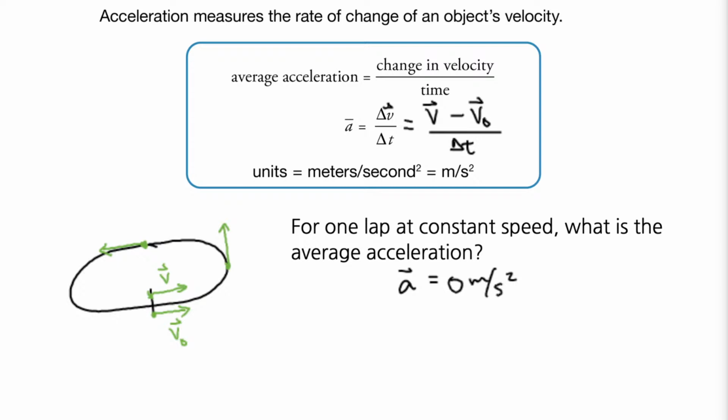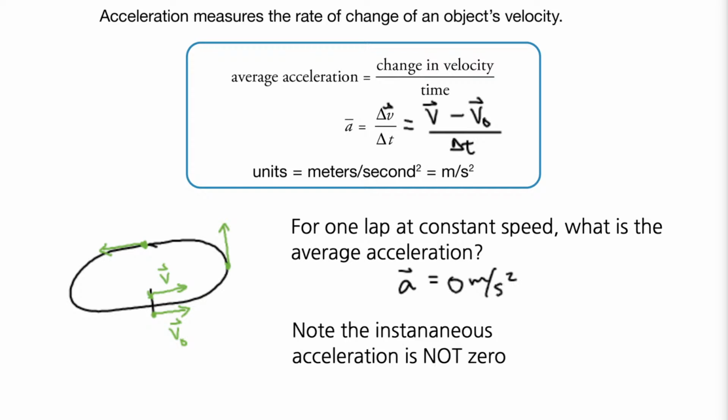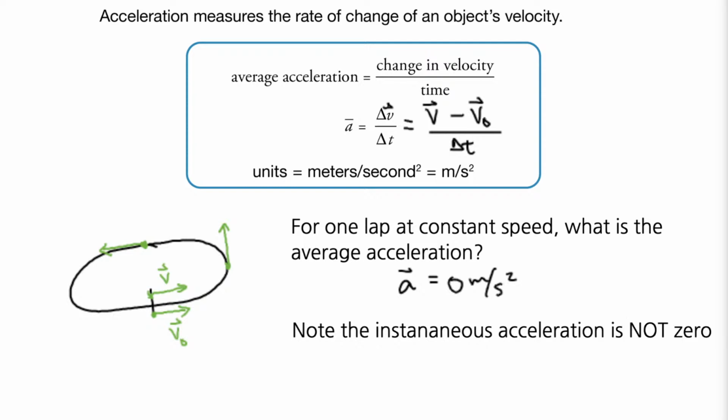When we look moment to moment, is the direction of the velocity always the same? No, it's not, which means some part of our vector changes. Remember, your vector has two different pieces to it: the magnitude and the direction. And if any one of those pieces changes, your vector changes, right? So here there must be a change in the velocity because the direction changes, which means there must be an acceleration. So let's note that. The instantaneous or moment-to-moment acceleration is not 0.